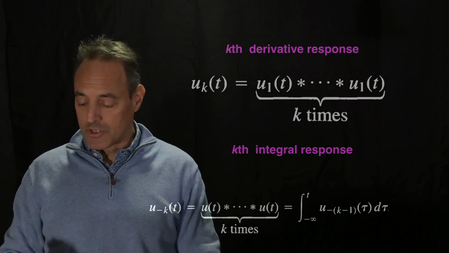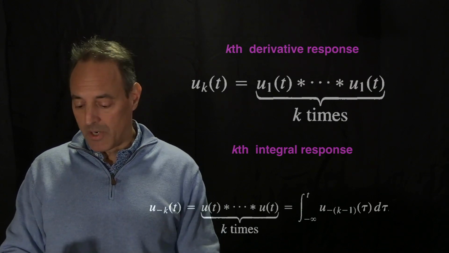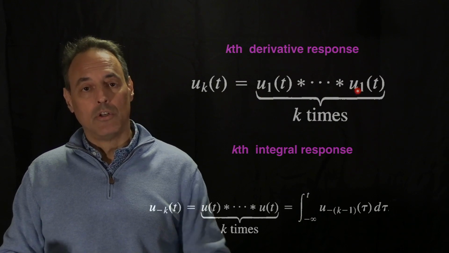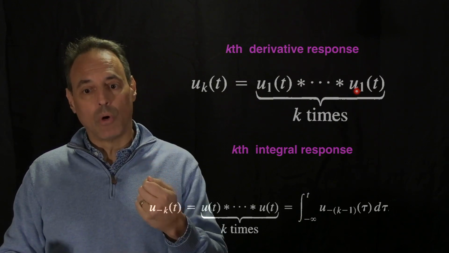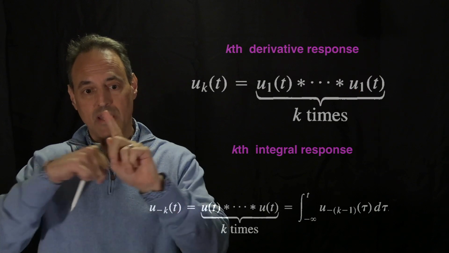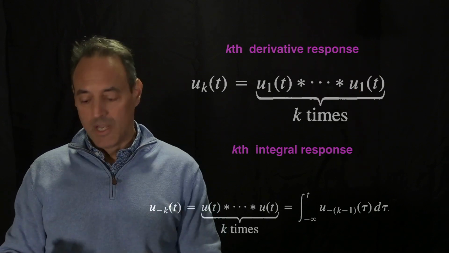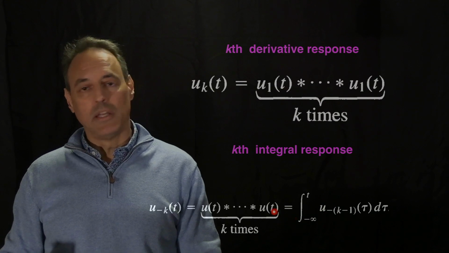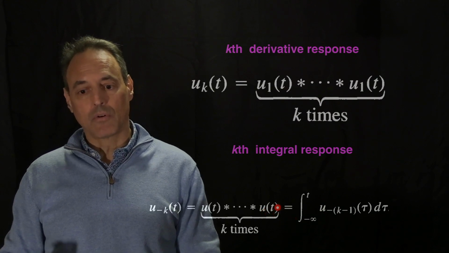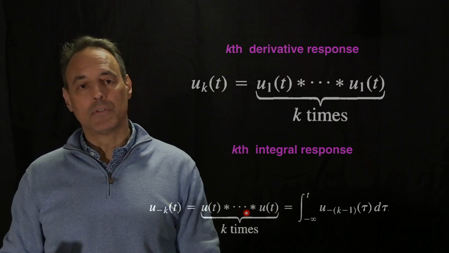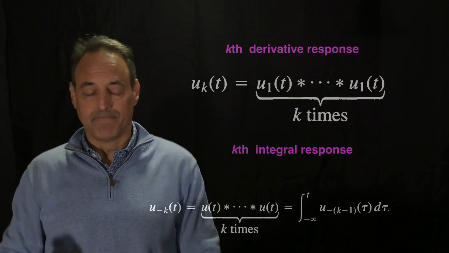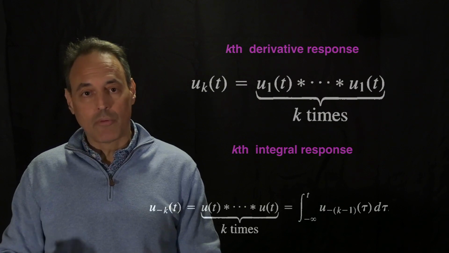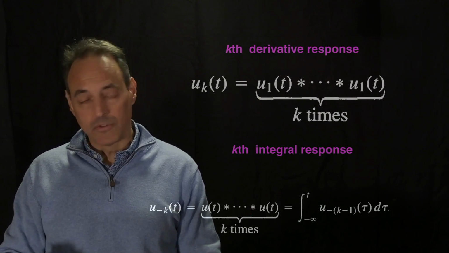So the kth derivative response, u of k, is just a convolution using the fundamental response u of 1, which we showed you was that dipole. And the kth integral response is just, you're going to integrate in some convolved way this integral k times over the unit step. Neither this integral nor computing these dipoles is very difficult to do.